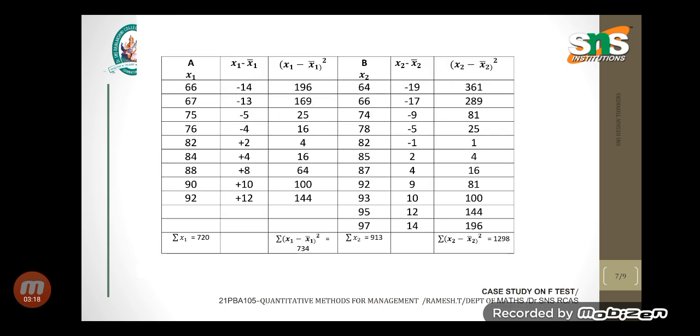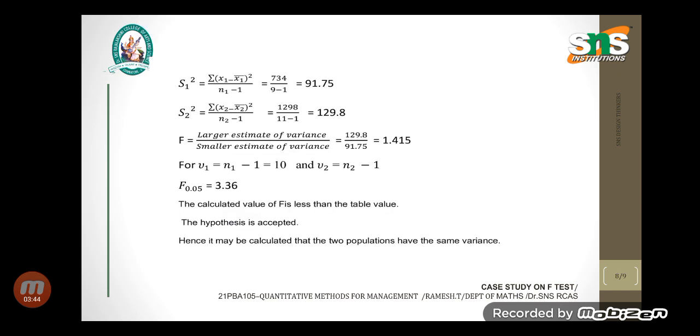For X1, the deviations from the arithmetic mean are squared, 196, 167, and so on, and the sum of all the values becomes 734. Similarly, we take the B data, and the sum of the squares of the deviations of each data from the average is 1298. So we calculate all those things.